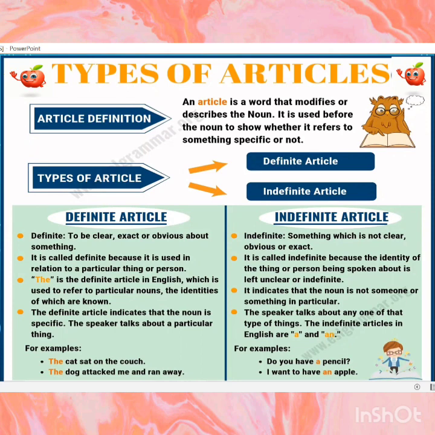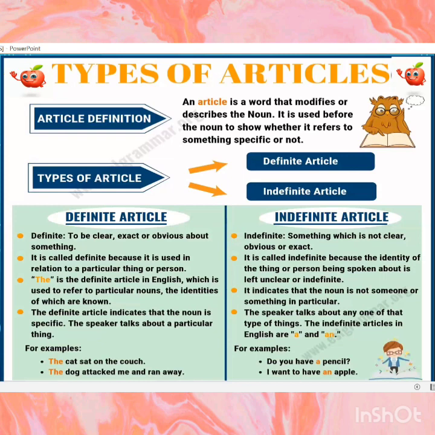Now let's look at the indefinite articles. Indefinite is something which is not clear, obvious, or exact. It is called indefinite because the identity of the thing or person being spoken about is left unclear. It indicates that the noun is not someone or something in particular.